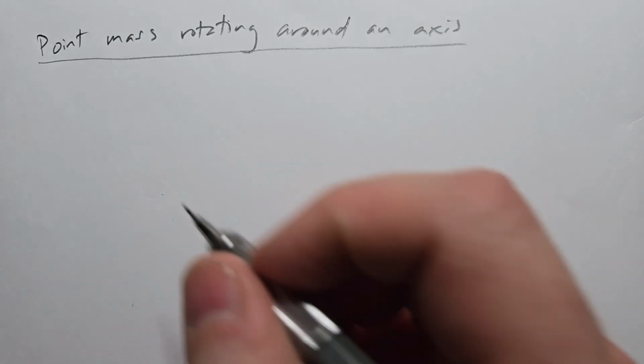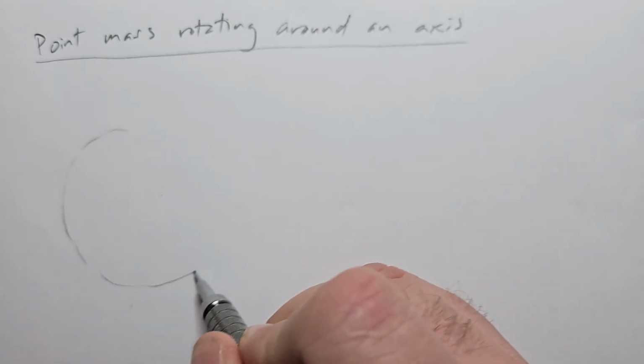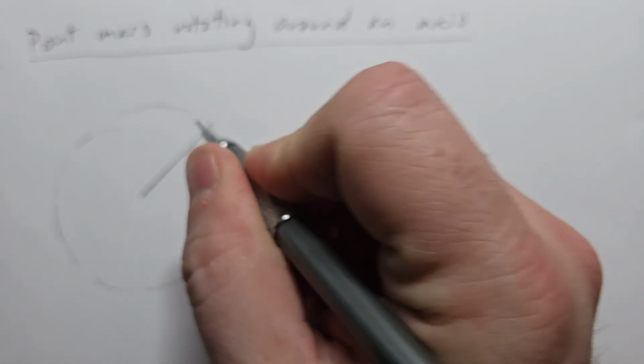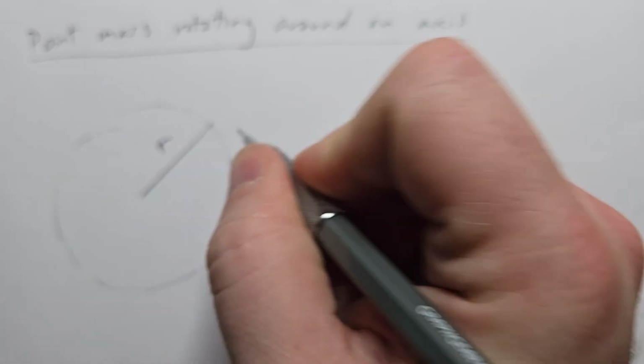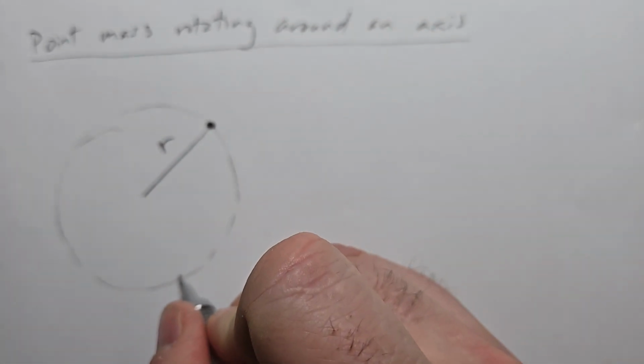Unlike the wheel, all of the mass exists at a single point. And so here is the path that it is rotating around. And we've got our radius out to the point our mass is at right now. And let's make it go clockwise.